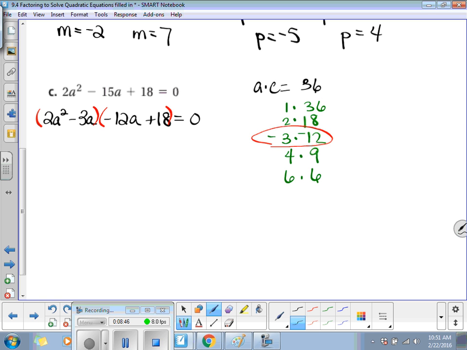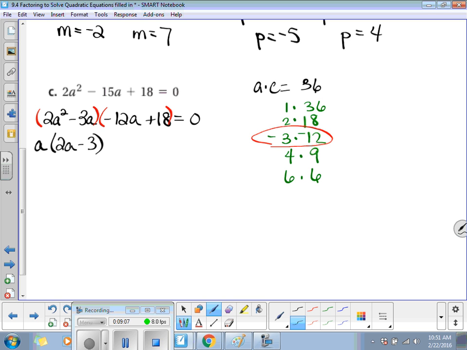So what can I take out of the first binomial? Just a. Very good. So a comes out, and what's left is 2a minus 3. And what can I factor out of the second one? 6. And we want to take out a negative 6 because we want this to be positive.